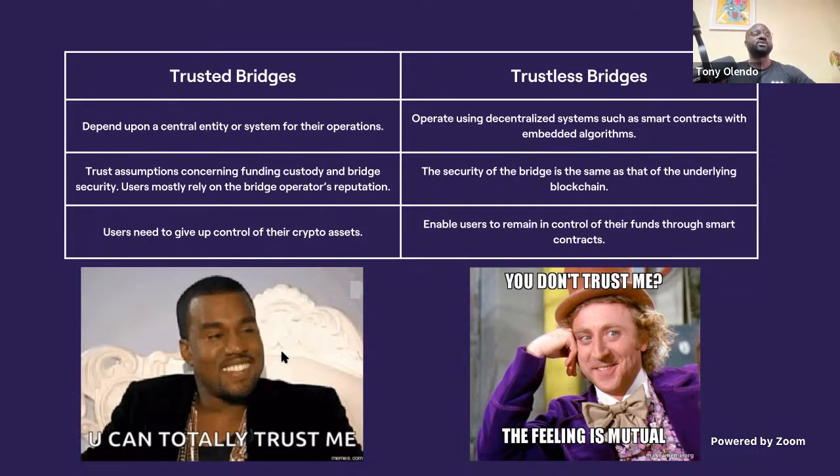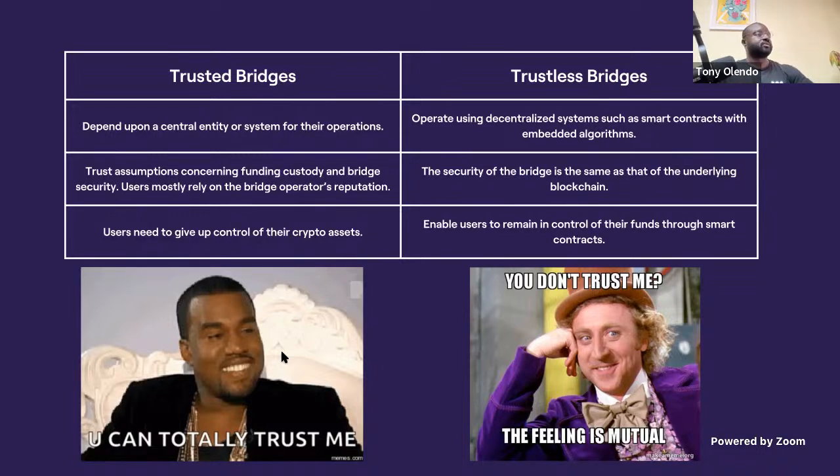Every L2 implements its own native bridge, and if you check out the Arbitrum bridge and various other bridges, you'll find their own implementations, which enable users to remain in control of their funds through smart contracts.